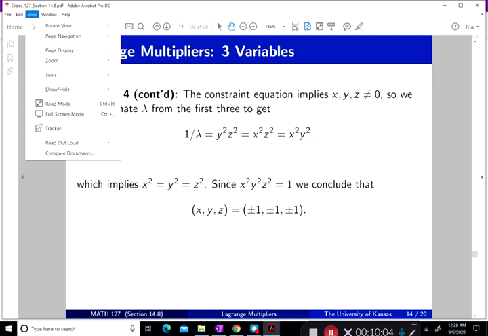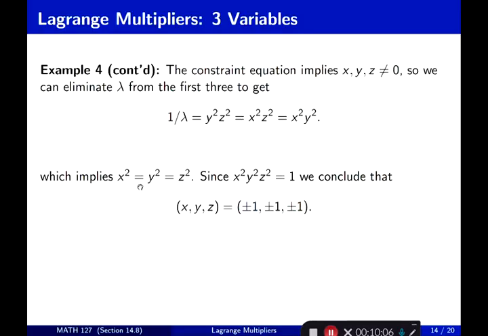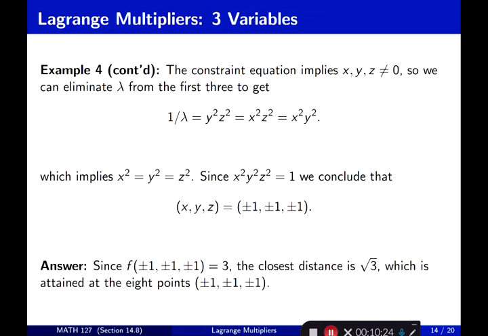Knowing that the value of x, y, z is going to be plus minus 1, plus minus 1, plus minus 1, plug it into the function, which is x² + y² + z². f of all of those points is always 3, and so the closest distance is square root of 3, which is attained at 8 points, plus minus 1, plus minus 1, and plus minus 1.